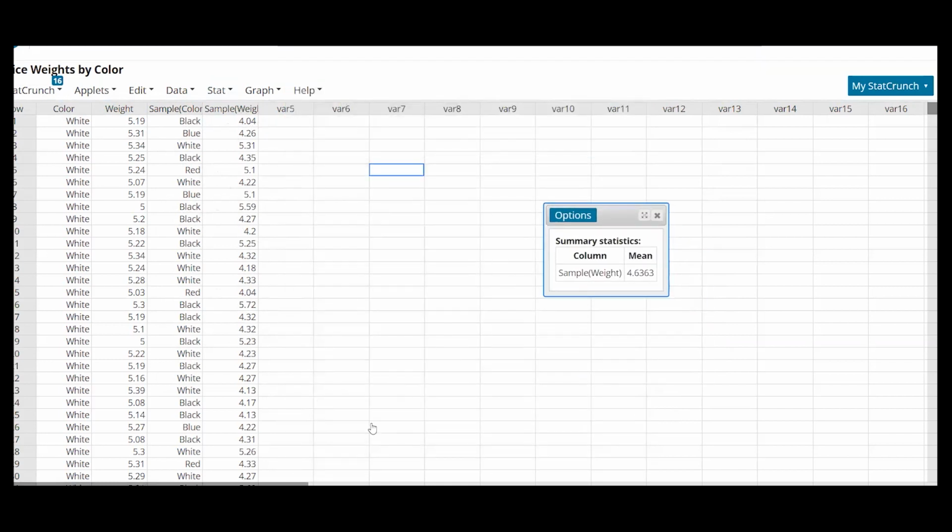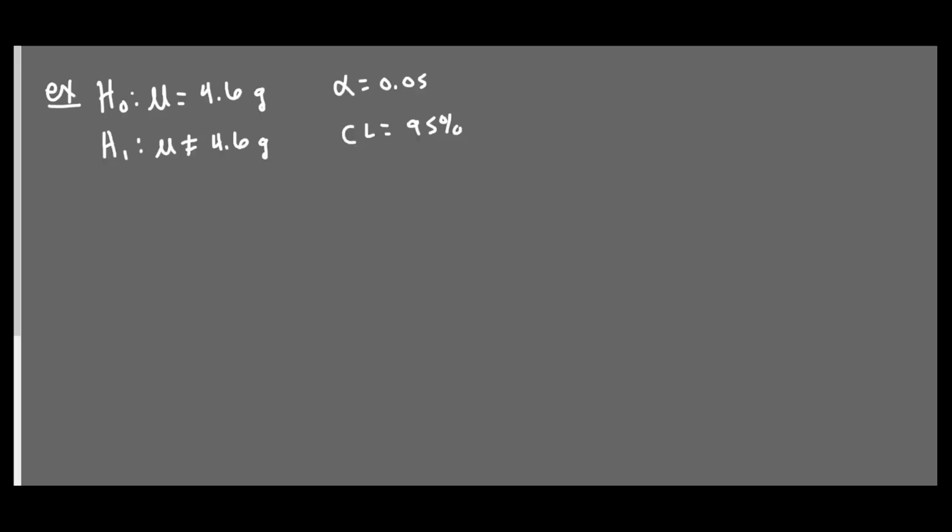So the sample mean is 4.6363. That is not 4.6, but it's close. So the question is, is it close enough? Or is it far away enough for us to say we don't believe it's 4.6?